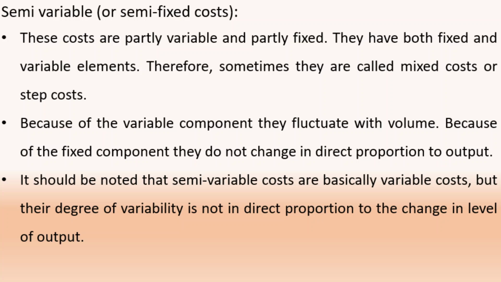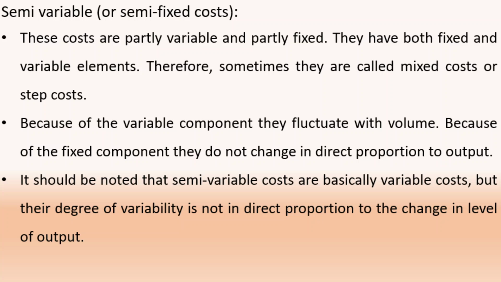Why do semi-variable costs fluctuate or remain constant? Because of the variable component, they fluctuate with volume. Because of the fixed component, they do not change in direct proportion to output.